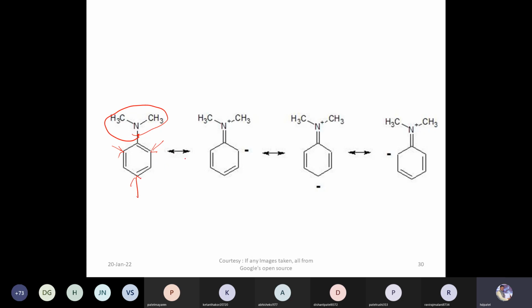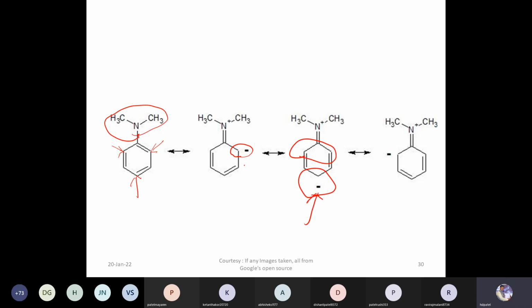Now why will the attachment be possible on the para position? As we can see, this group has negative charge on the ortho position and on the para position, but due to the steric hindrance, the group will not bind over here. It will bind on this para position only.